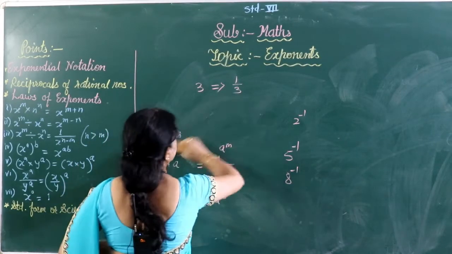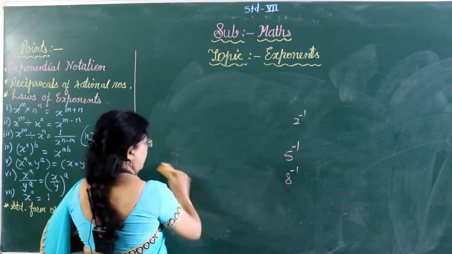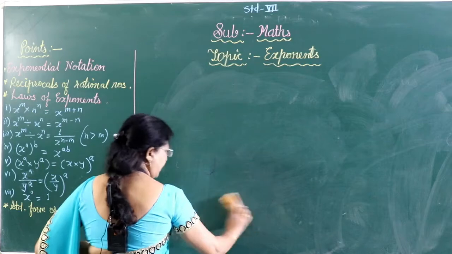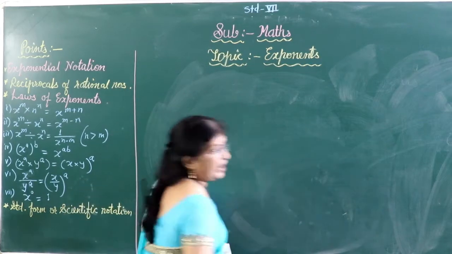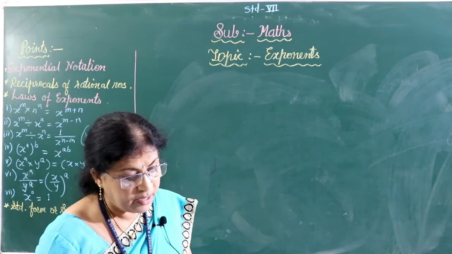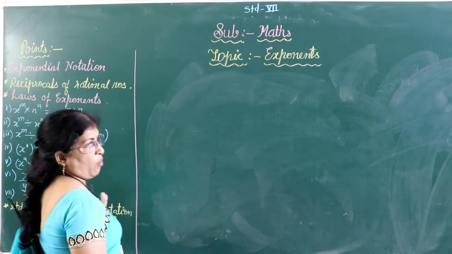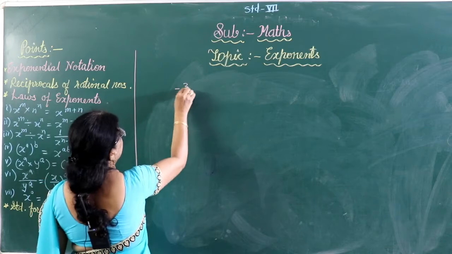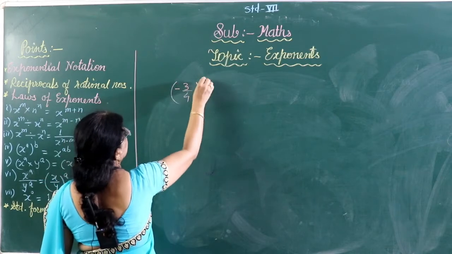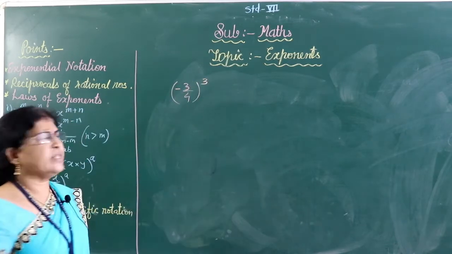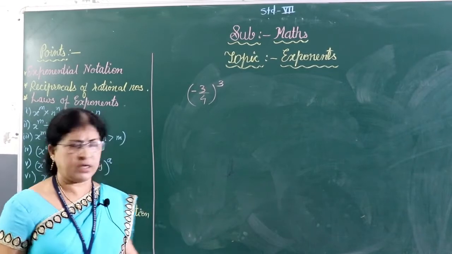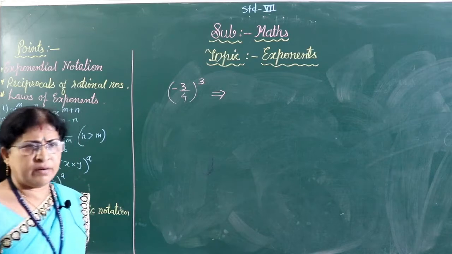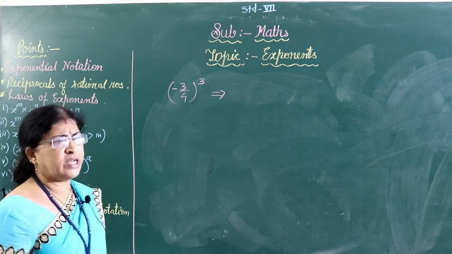Now sometimes the question is asked: simplify or evaluate by finding the reciprocal of the given rational number. Now, how will you find it out? See, suppose I give you one example, minus 3 by 4 raised to power 3. First find the reciprocal and then find the answer. What is the reciprocal of this? We have learnt in the previous topic how to find the reciprocal.